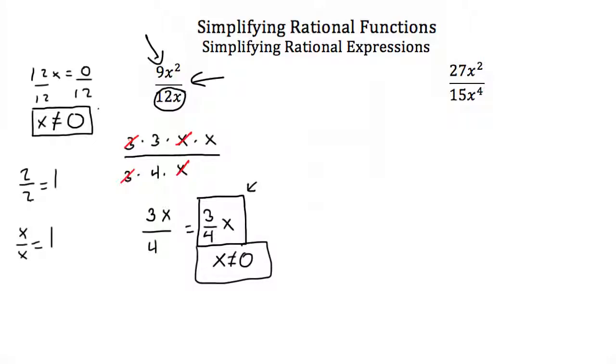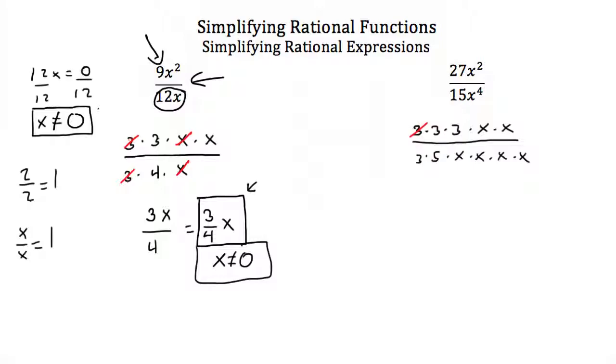Let's try this again. Here we have 27x squared divided by 15x to the 4th. Now 27 I'm going to break down into 3 times 3 times 3. And x squared is just x times x. This is divided by 15x to the 4th, or 3 times 5 times x times x times x times x.